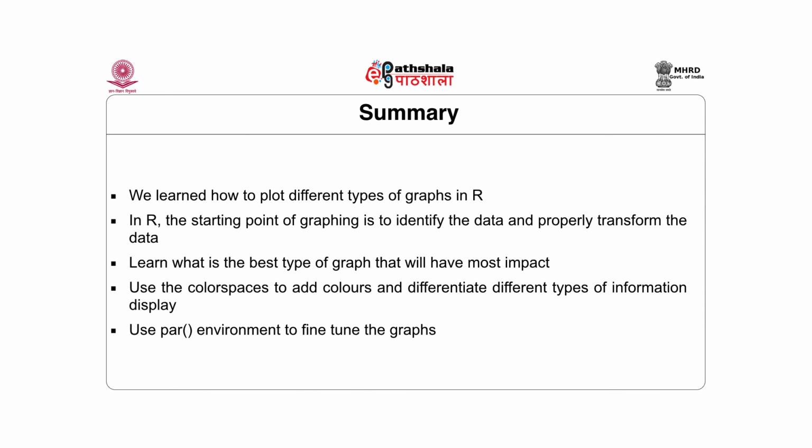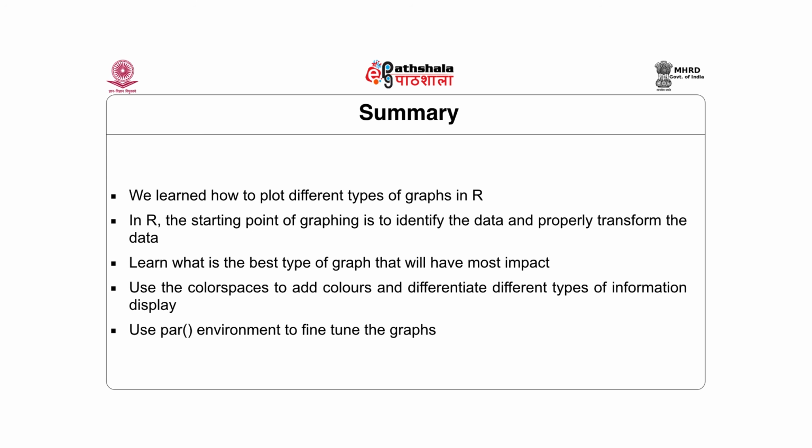So in summary, we learned how to plot different types of graphs in R. Remember that in R, your starting point of graphing is that you should identify the data and you should transform the data properly so that you know exactly what you're doing with this. We selected a tricky example of taking wide formatted data and converting that into long. And then you should know what kind of data you're going to use for whatever analytical work.